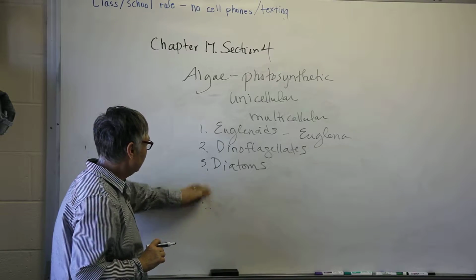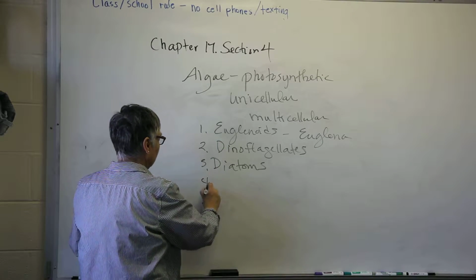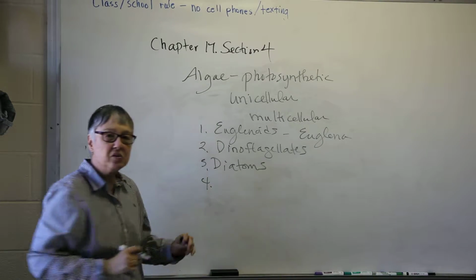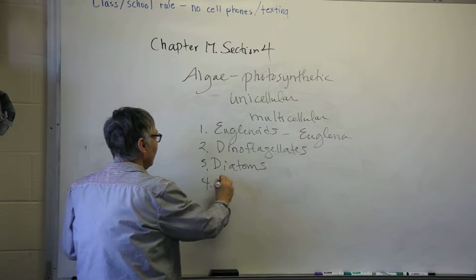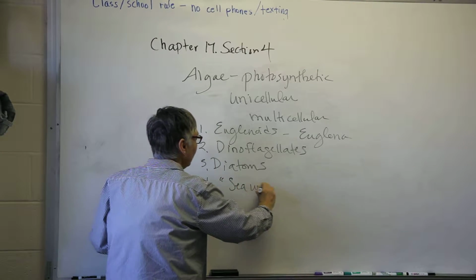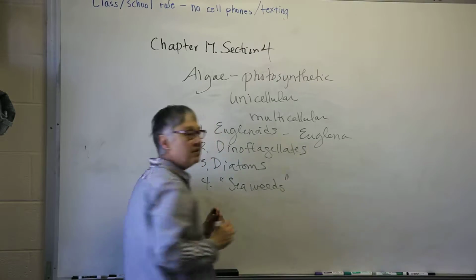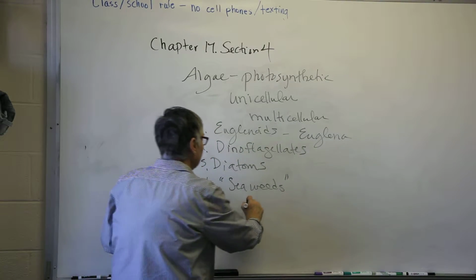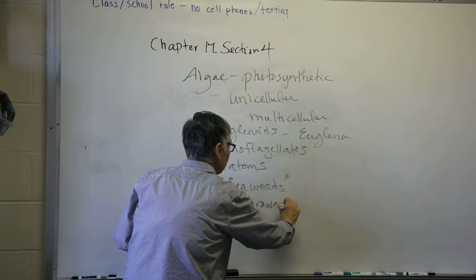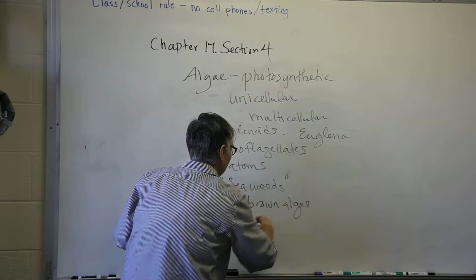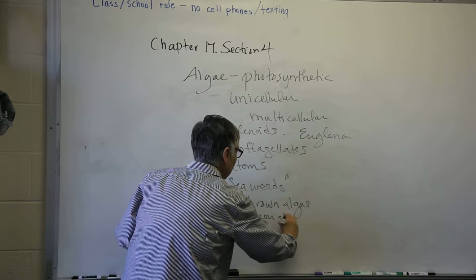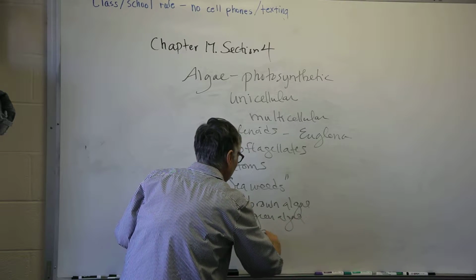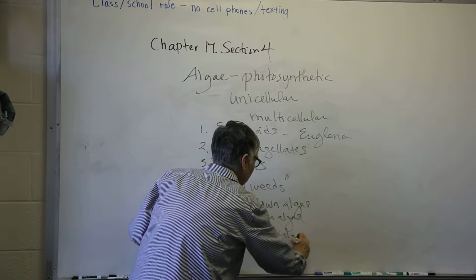And then actually I'm going to have a larger subcategory. So the fourth category here are what are commonly called seaweeds. So they're mostly multicellular, and they include the brown algae, the green algae, and red algae.